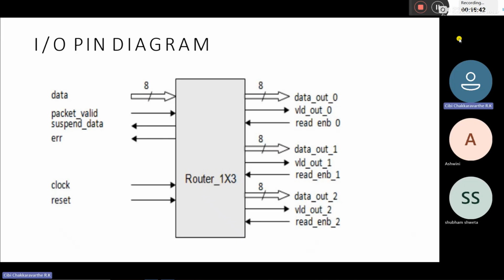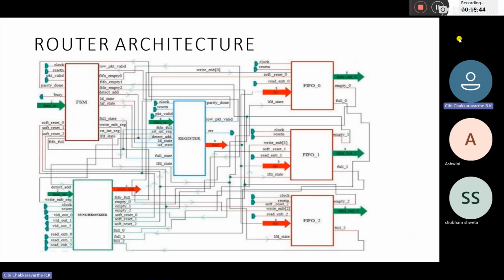Who handles this busy signal? The FSM. See the fifth signal in the FSM, there is busy. So if our router is doing some other process, it can't take the packet and give it to the destination right now. In that state, our FSM will produce a busy signal.